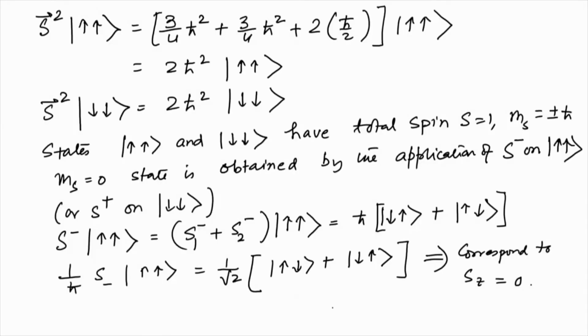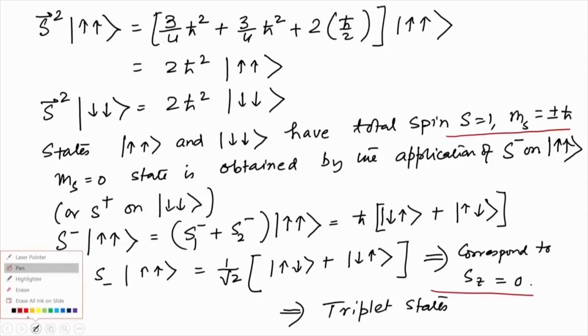So, these are the triplet states. The two that is coming over here with spin s equal to 1 and m s equal to 1 is here, and the other one comes from here. So, these are the three states, and now we will just look at the singlet state.